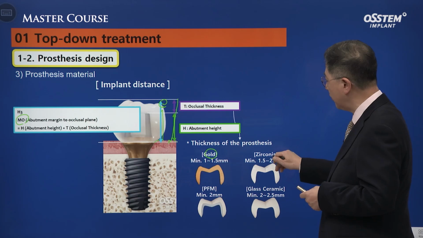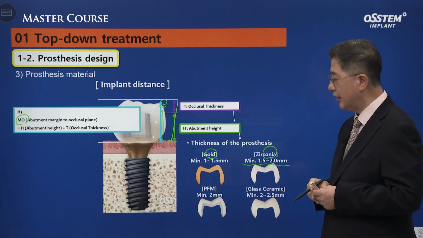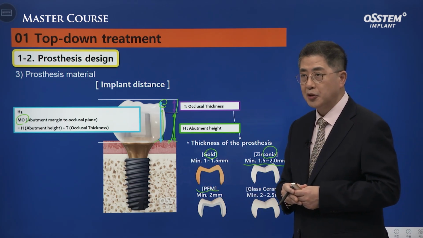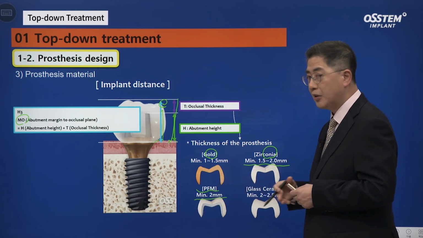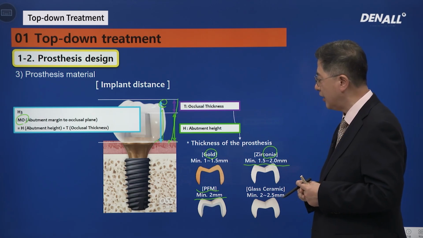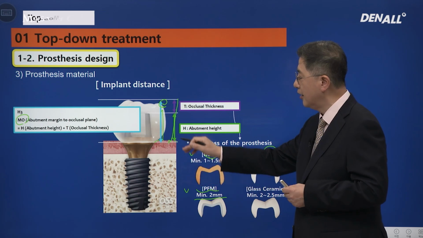The most frequently used option is full zirconia, and it requires at least 1.5 to 2 millimeters of space. We have used it a lot, and PFM, which has been used frequently, requires at least 2 millimeters of space for metal coping and porcelain. There needs to be space for superstructure, which includes the material thickness.